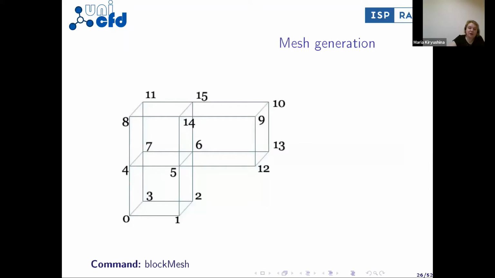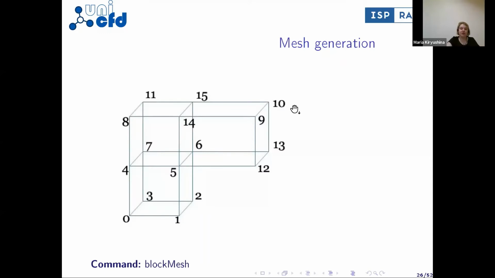Here we can see the scheme of the computational domain. The beginning of the coordinate system is between points 0 and 3. Axis X is directed to the right, axis Y is directed upwards, and axis Z is directed toward us, from point 3 to point 1.